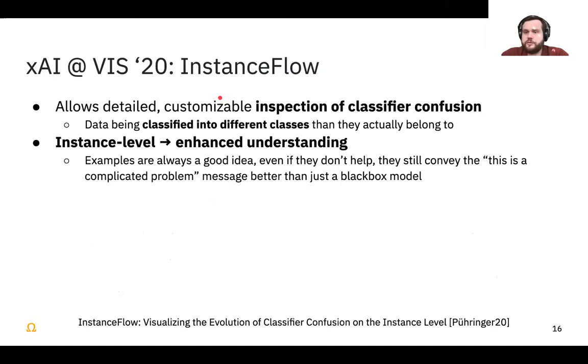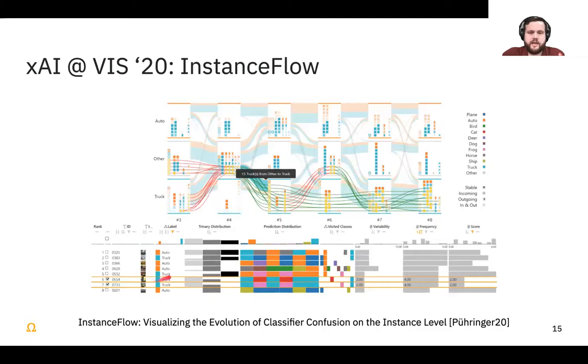So classifier confusion, for those of you that are not very familiar with machine learning, is that if you have multiple classes, then your data is being classified into different classes than they actually belong to. So here we have classes such as plane, auto, bird, cat, deer, dog, frog, and so forth. So if I have an instance of, say, a bird, and it gets classified as a ship, then the classifier has been confused.